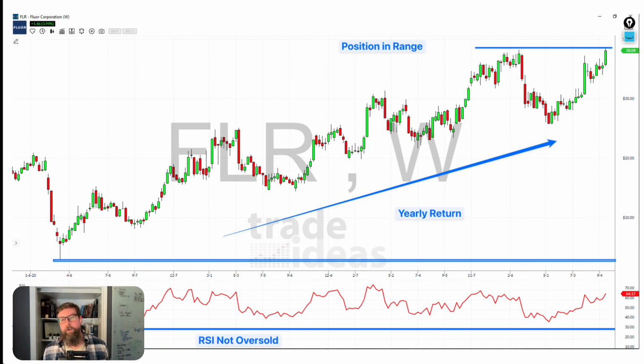Without saying I want a stock that's uptrending and trying to figure out all the stuff, all the crazy indicator behind that. We can just push these together and find stocks like this that are close to the high end of their position range, great yearly return, and RSI not oversold. Again, going back to the evidence that I gave before, that statistically speaking, it's better to at least be looking at these ones than anything else, right?